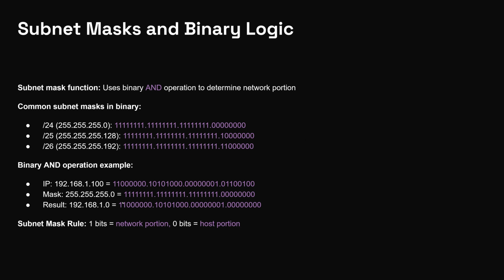So this is your network for this IP address. Right. And here we have a subnet mask rule: 1 bit is equal to network portion. This is for the subnet mask. So all these 1 bits represent the network mask, and the 0 bits represent the host portion. Right. Hopefully that is clear.